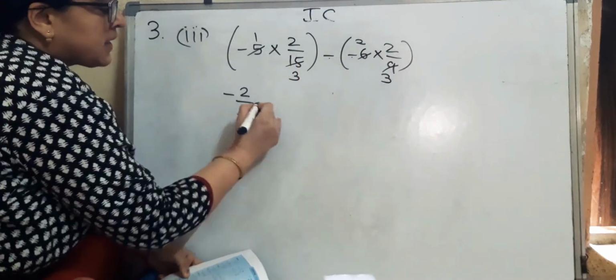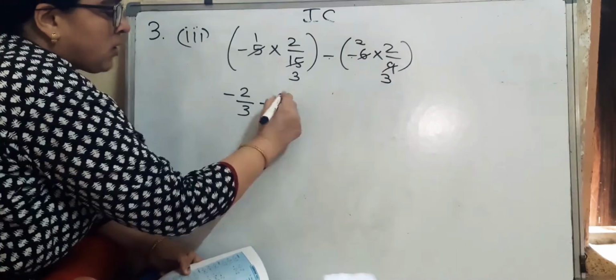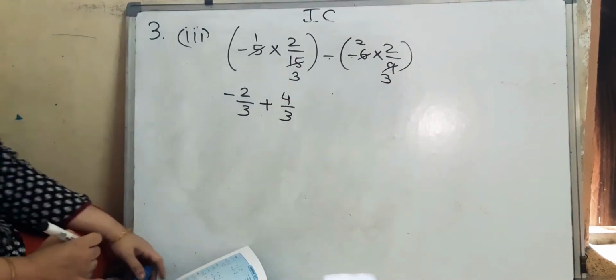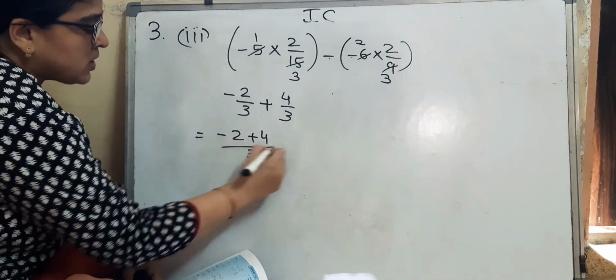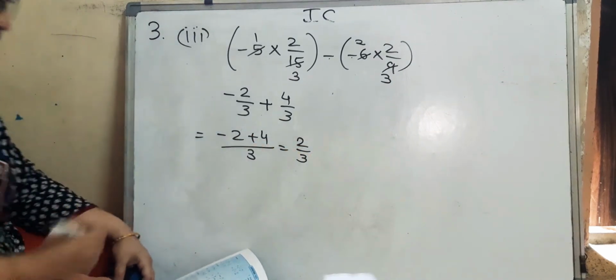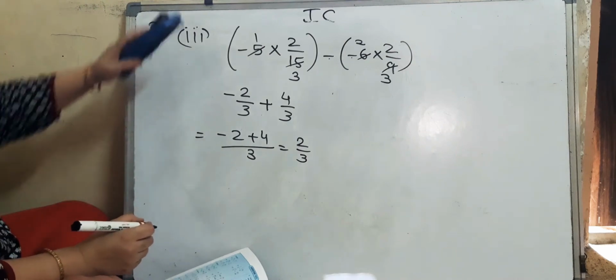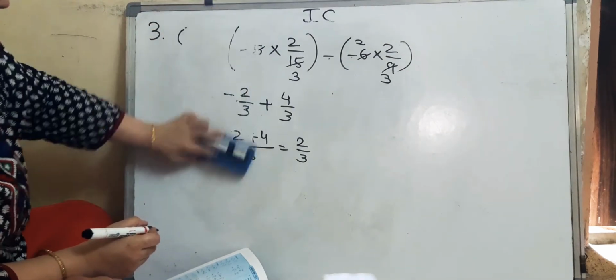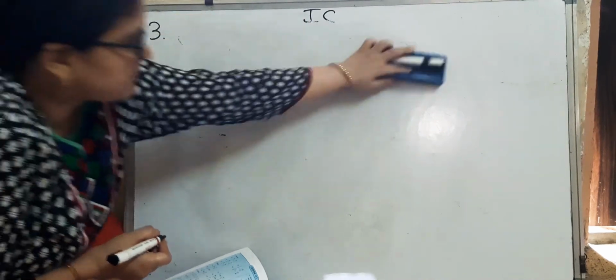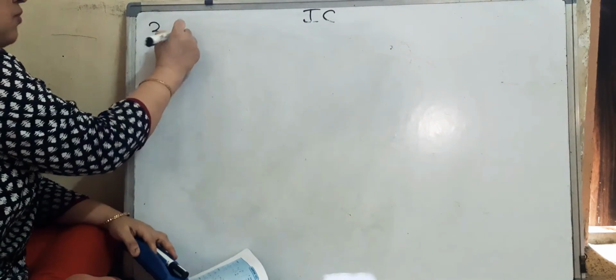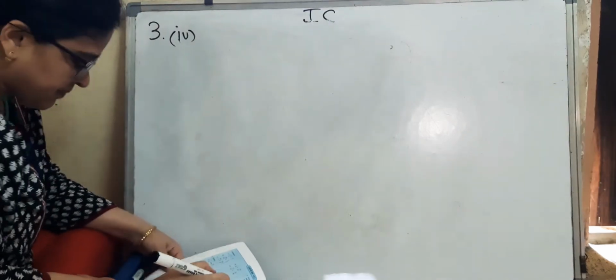Here minus getting plus, and 2 twos are 4 upon 3, right? So here minus 2 plus 4 upon 3, it is 2 upon 3 is the answer. Third sum. Now question number 3, fourth sum.